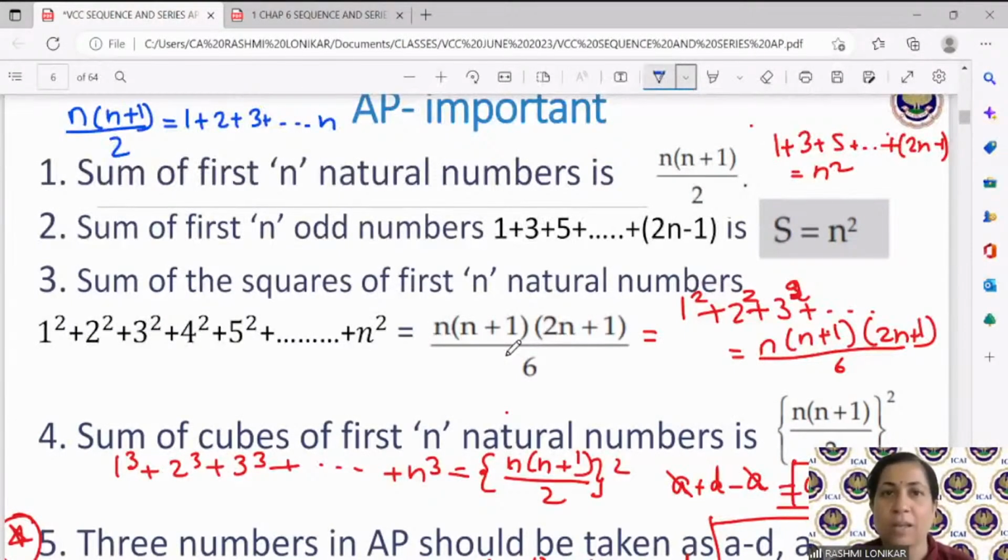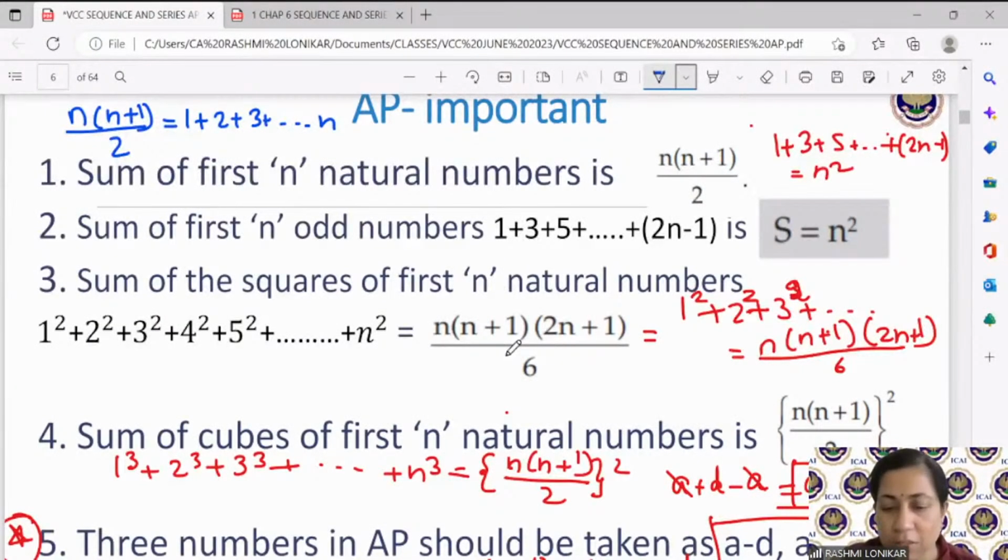That is 1 square plus 2 square plus 3 square. If I have those, it is equal to n into n plus 1 into twice n plus 1 upon 6. That is the formula. And if I'm talking about cubes, that is 1 cube plus 2 cube plus 3 cube and so on, then it is n into n plus 1 upon 2, the whole square. Okay, the whole thing should be put into a bigger bracket and square it.